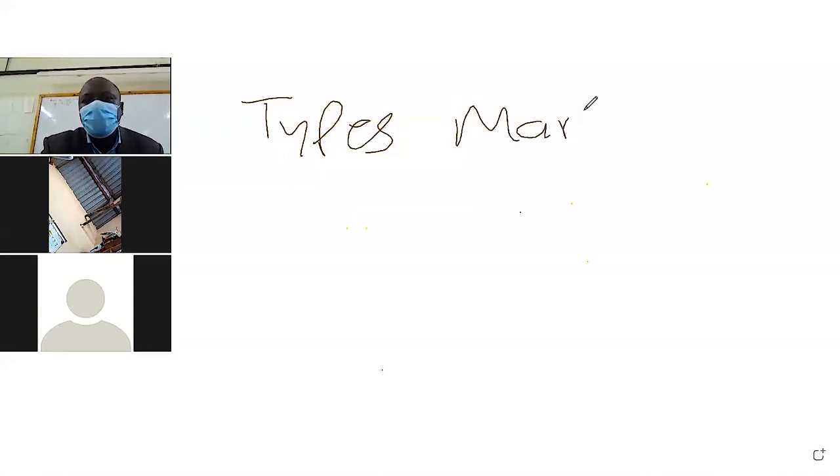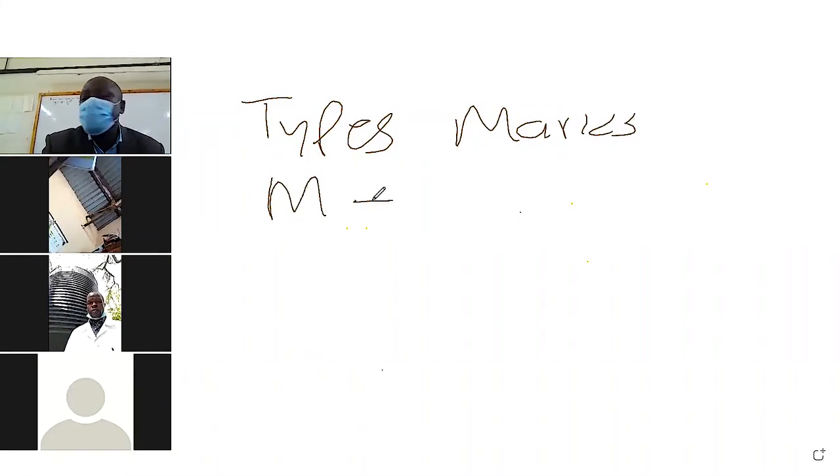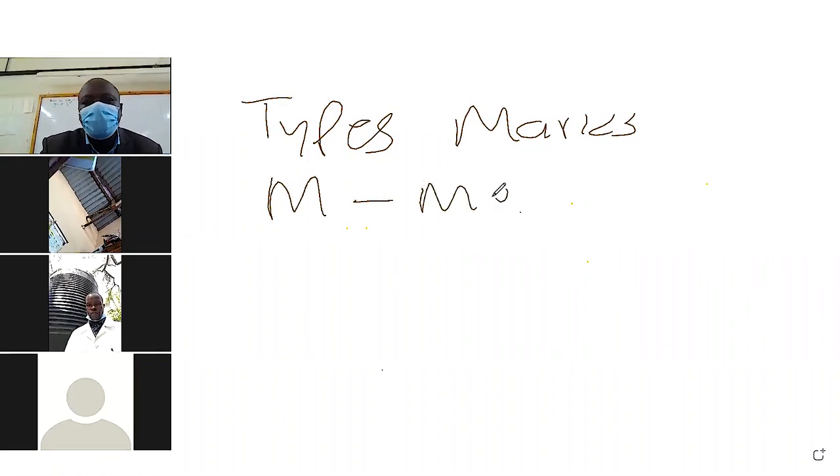I'm starting off with the type of marks we have in mathematics. We've got around 7 types of marks. There is M, which is normally the method mark.